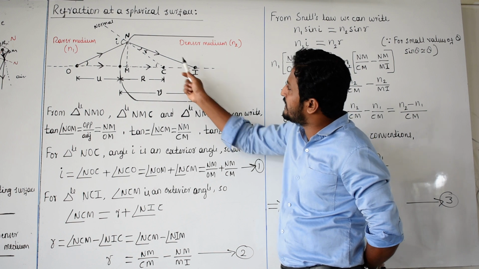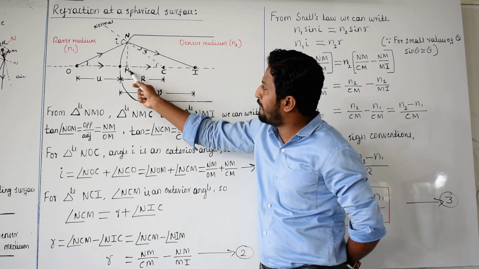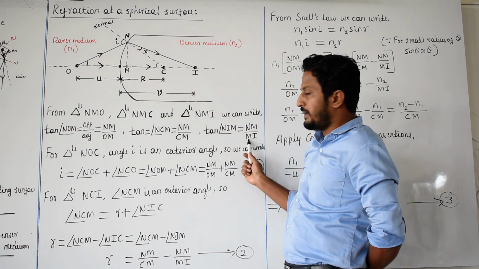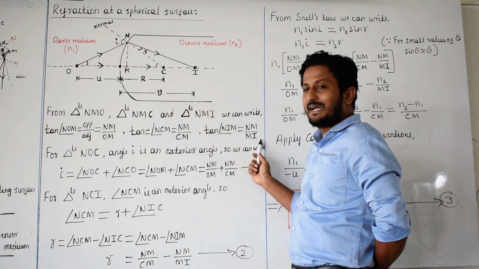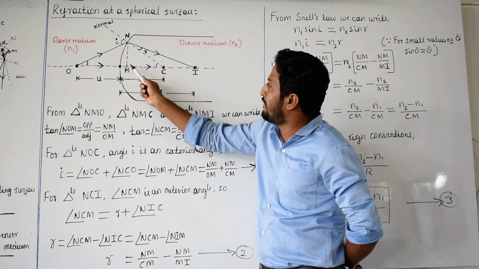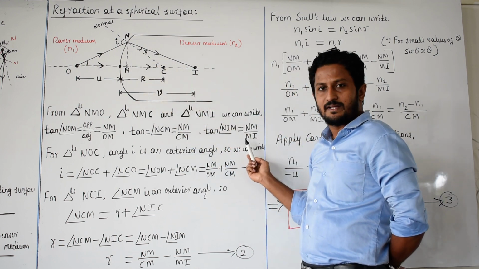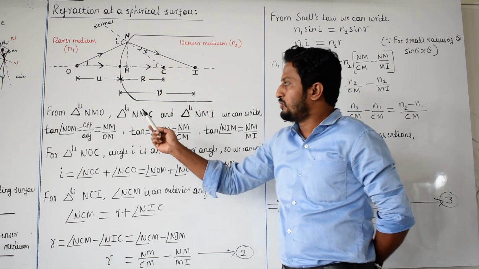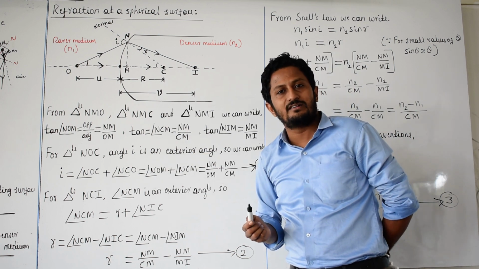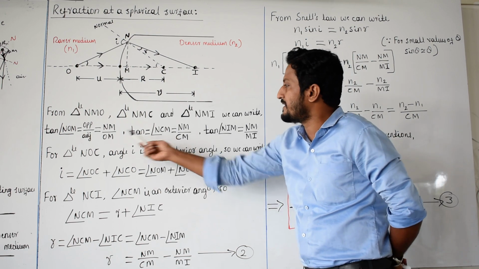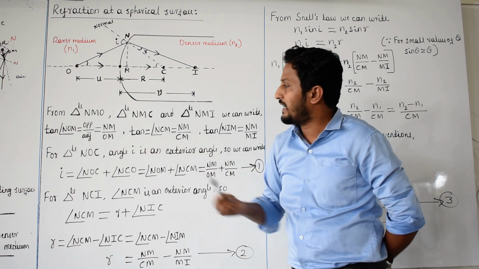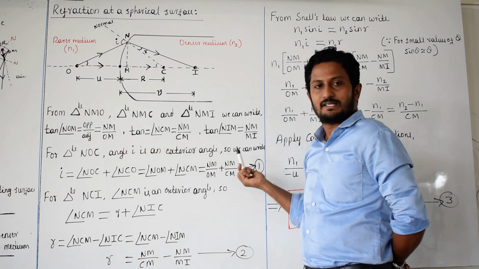NM is opposite, MI is adjacent: NM by MI. So to those three right angle triangles, we have applied the tan function to the three respective angles and we got their values like this.